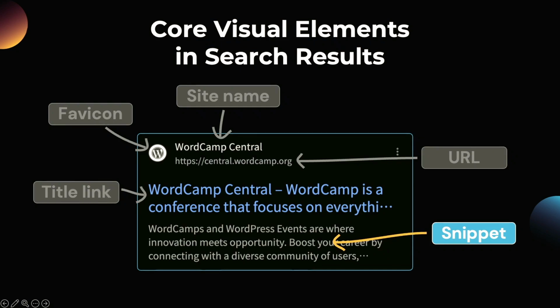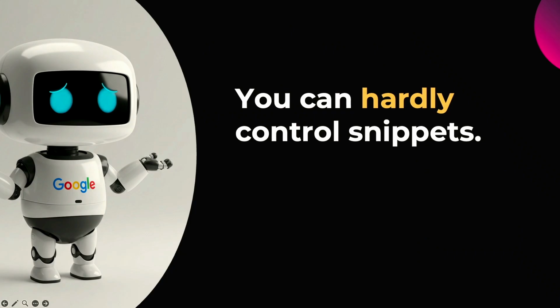So let's talk about how to control what appears in your snippet. The surprising truth is you can't control it. At least not directly. Unlike titles, you have very little direct control over the snippet that Google displays.